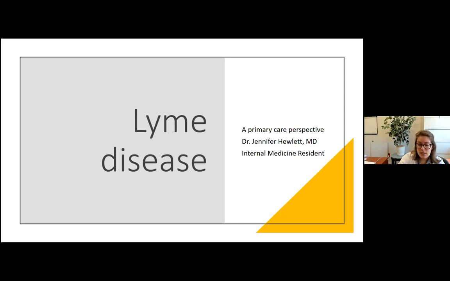Someone asked, are deer to blame for these ticks? Yes and no. Deer can be part of the tick's life cycle. They actually used to call the black-legged tick the deer tick, because part of the tick's life cycle involves deer as a blood meal for the tick.